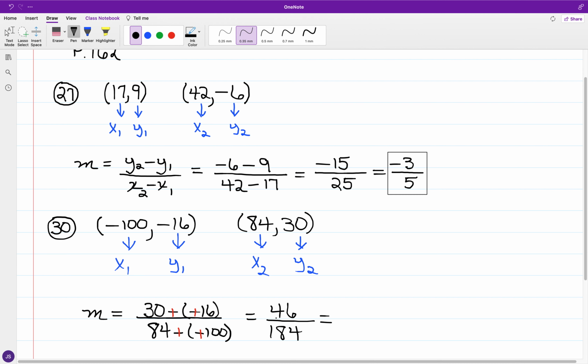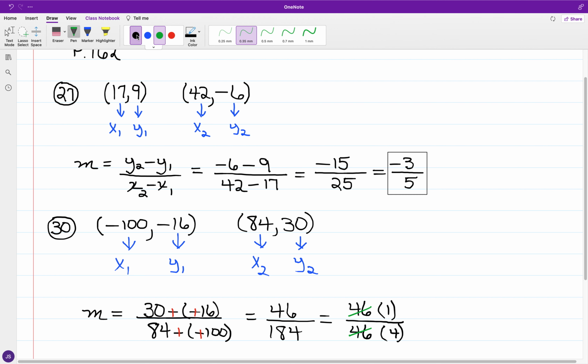And guess what? I could keep reducing, and it's going to turn out that the greatest common factor of the numerator and denominator is going to be the numerator value of 46. In fact, 46 will go into itself, and it will also go into 184 4 times.